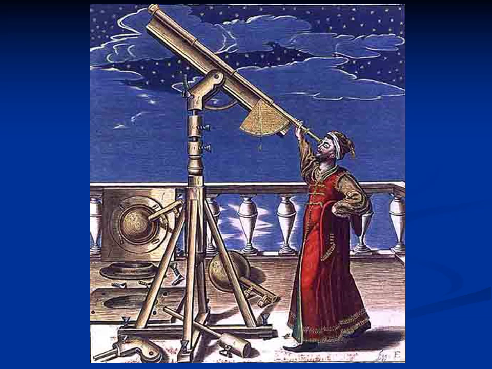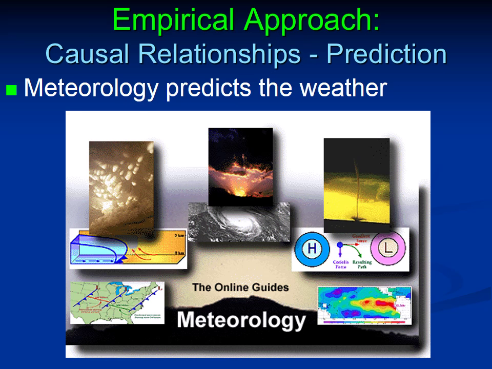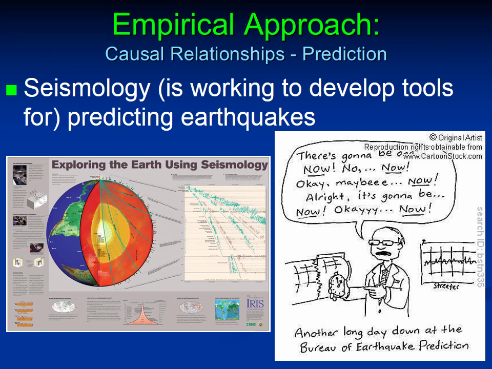One of the very earliest forms of science, early astronomy, tried to predict the movement of the stars. How about meteorology? Meteorology is really an applied science, a form of applied physics, and that, of course, predicts the weather.